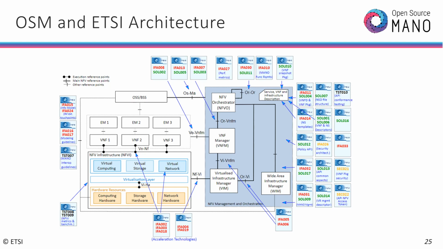So to begin with standardization, open source MANO under the hood, we all saw what it's capable of, but under the hood, we are looking at a program that is driven by ETSI standards, compliant to the ETSI architecture and the key solutions driven by ETSI.